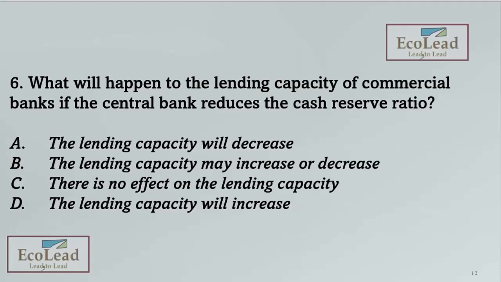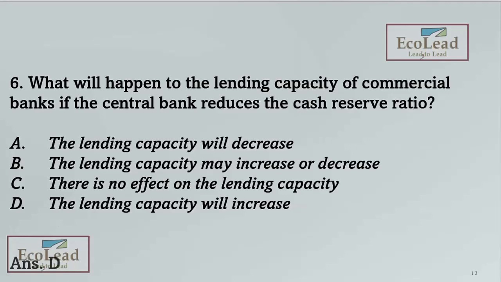So in that case, we need to focus on option A and option D, which are clearly telling us about the impact on the lending capacity of the commercial bank. Here I will pause for a few seconds so that you can think about the answer.